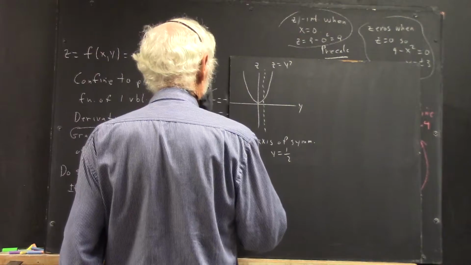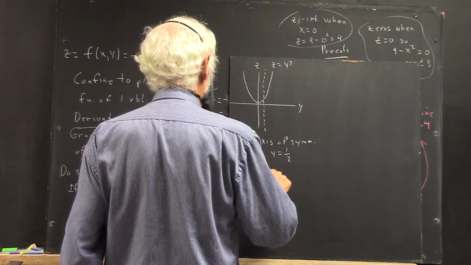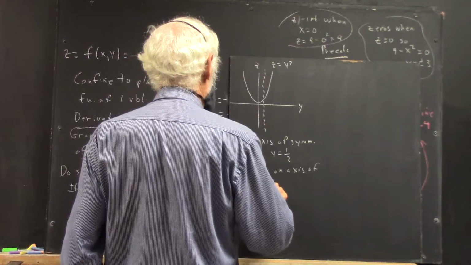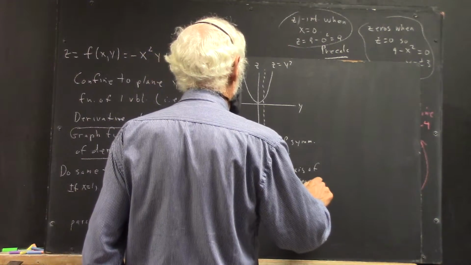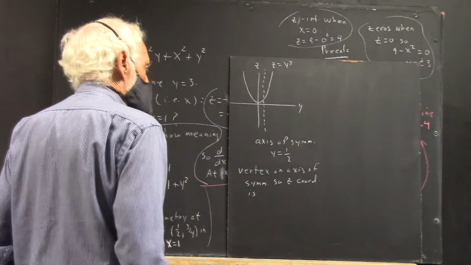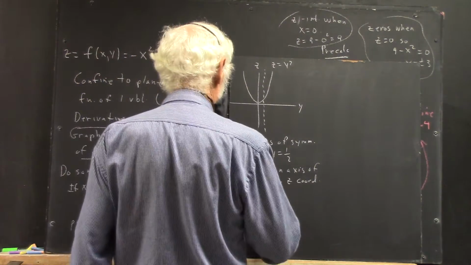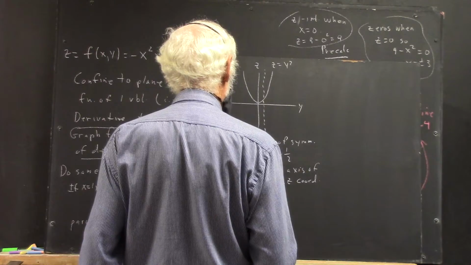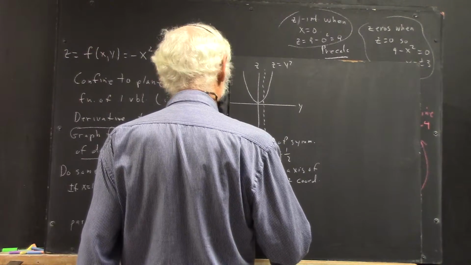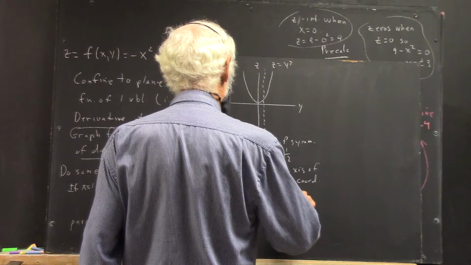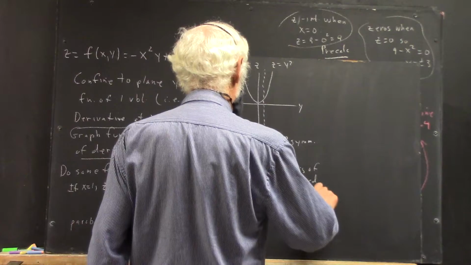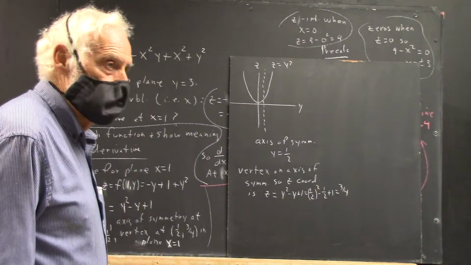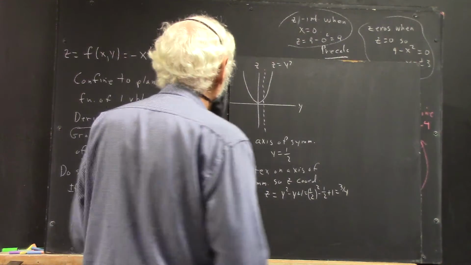The vertex is on the axis of symmetry, so the z coordinate of the vertex is z equals... That's how I got the vertex. But once you've got the axis of symmetry, just plug the coordinate in.